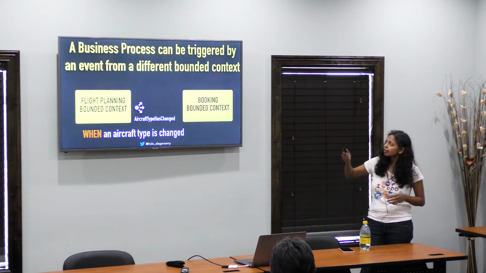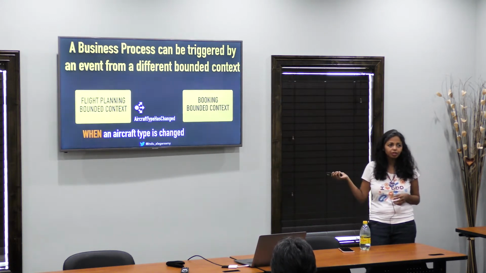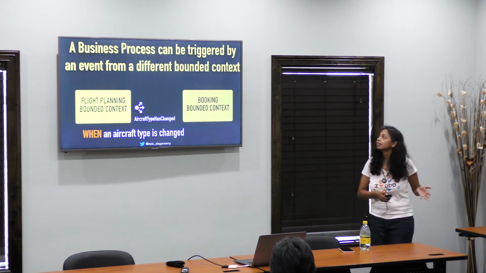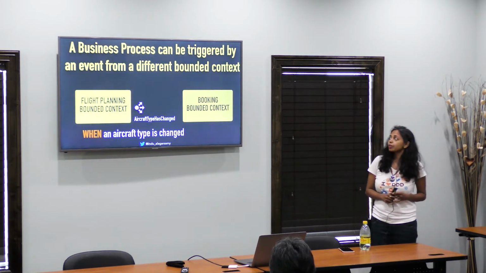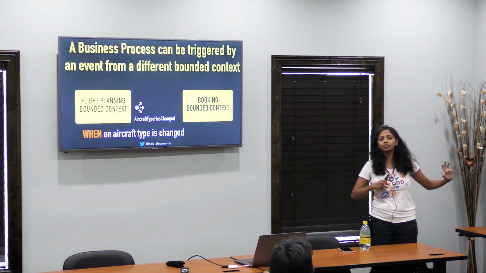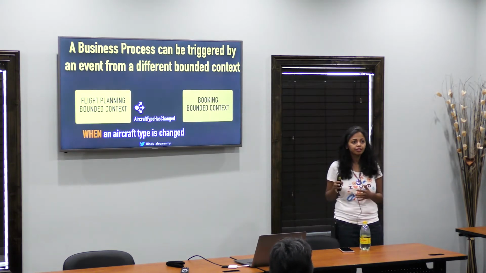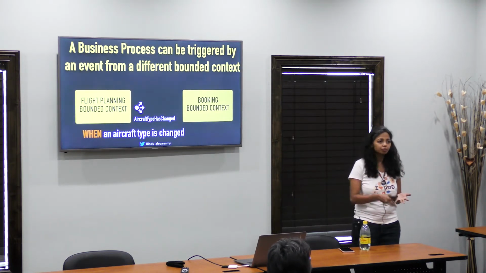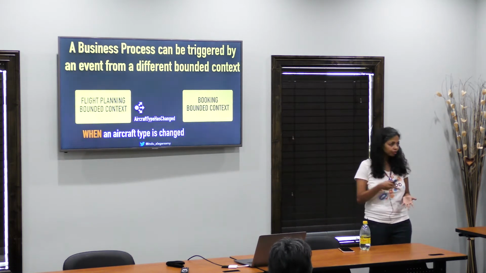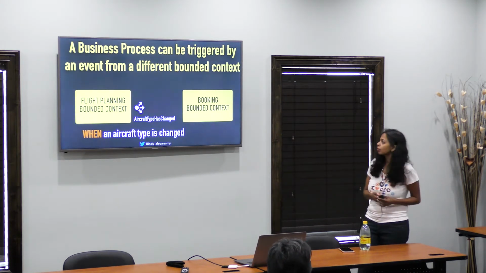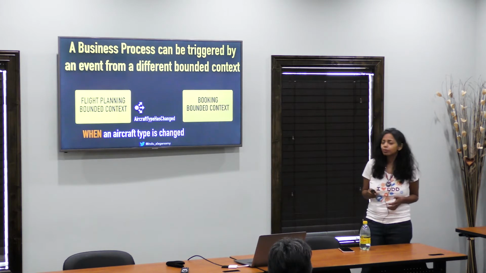So the other context, the booking bounded context, can listen to that event and go, okay, whenever this happens, I have in my booking process a lot of things that I need to do, like rebooking the customer, notifying the customer and so on.